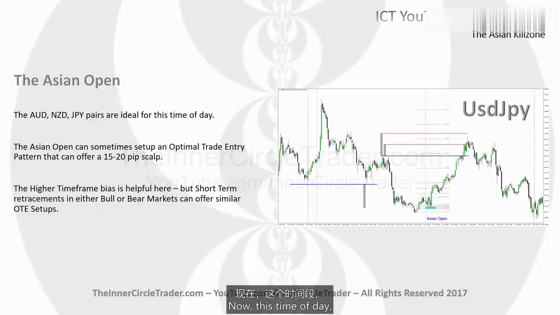Now, this time of day, you're going to find that the Australian dollar, the New Zealand dollar, and Japanese yen pairs are ideal for this time of day.